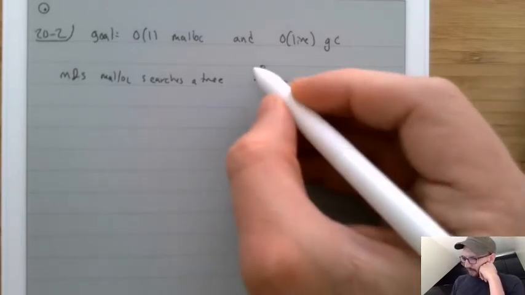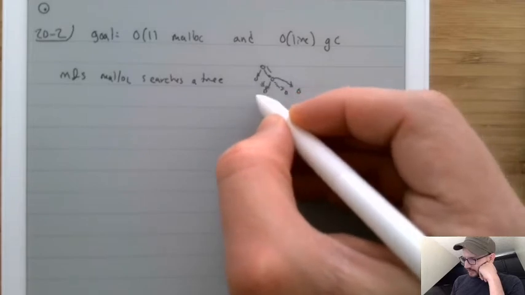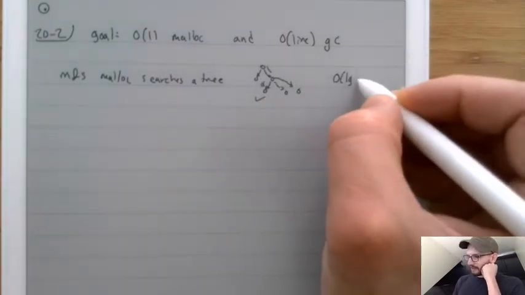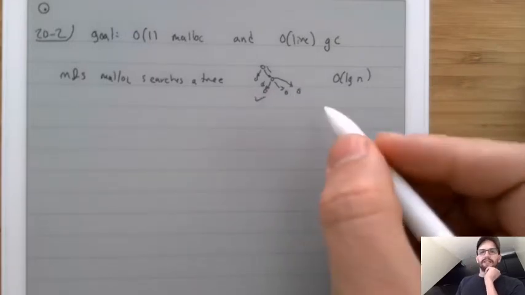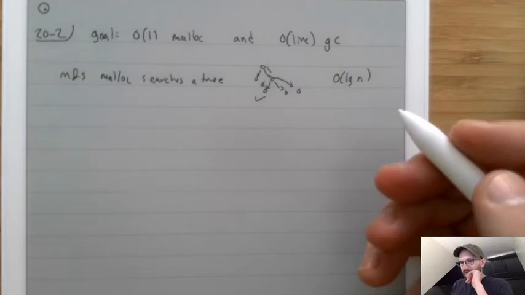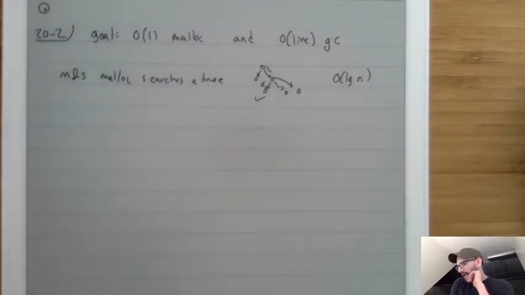Okay? And what we need to do is search down this and find the one that we care about. And that's how you get the log n. Because the size of this tree is basically the size of memory, essentially. And we need to search inside of that tree to find the thing that we care about.